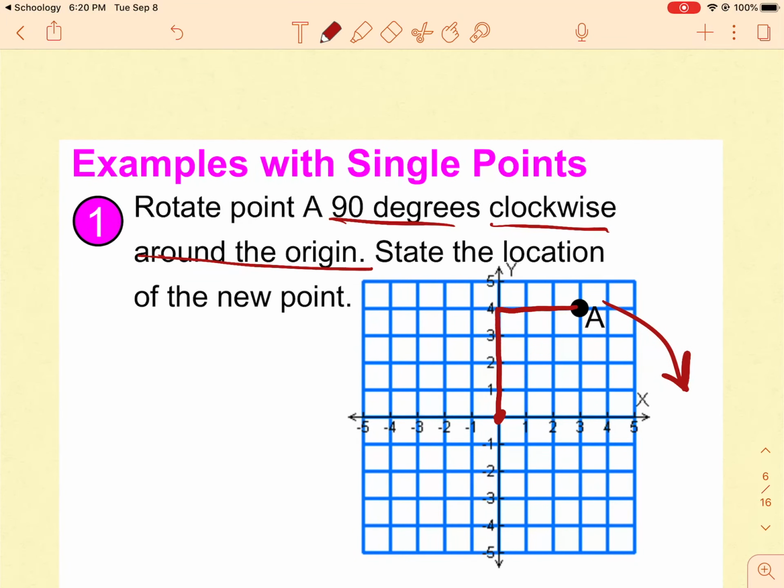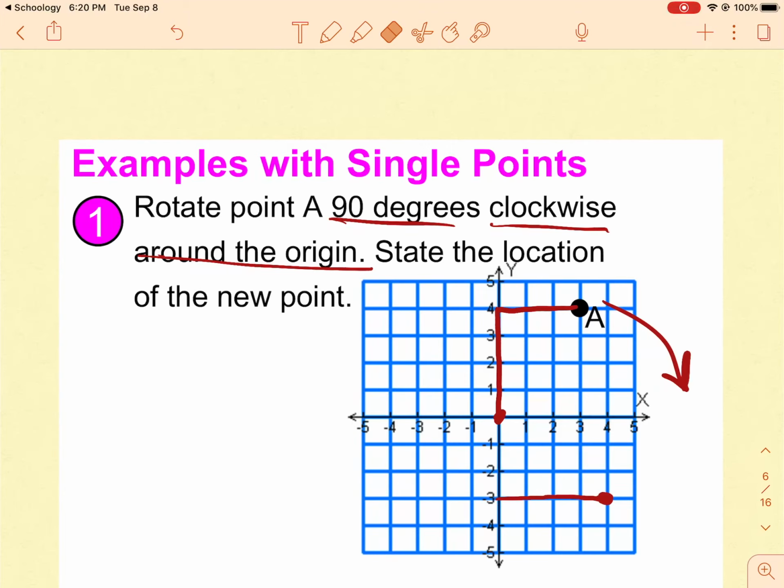So here I have 3 spaces that are horizontal, so that'll become 3 spaces vertical. Then I had 4 spaces vertical, and then that becomes 4 spaces horizontal.